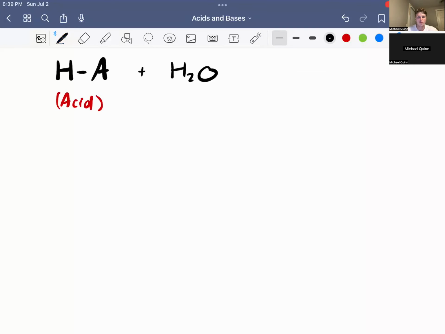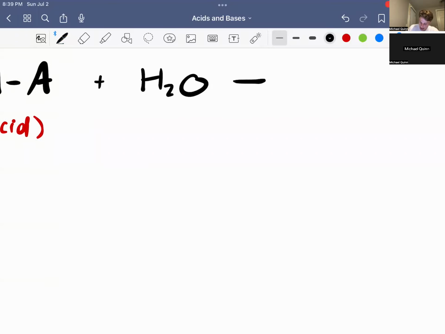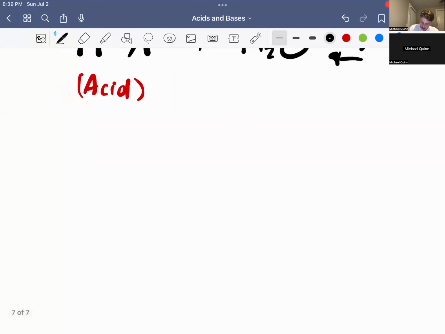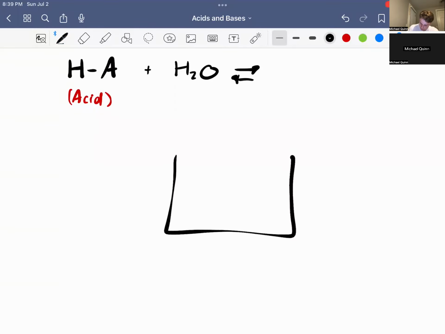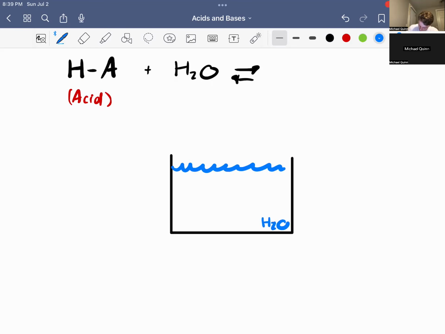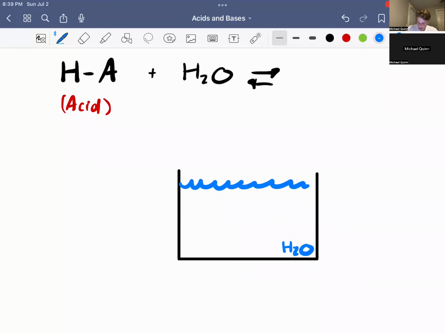my first suggestion would be to draw a beaker to see what we have in our reaction. It will make it much easier to decide what our products will be. So we have a beaker. It is filled with water. So what we can say is that H2O is our solvent.